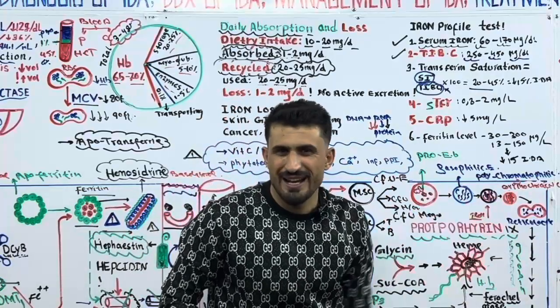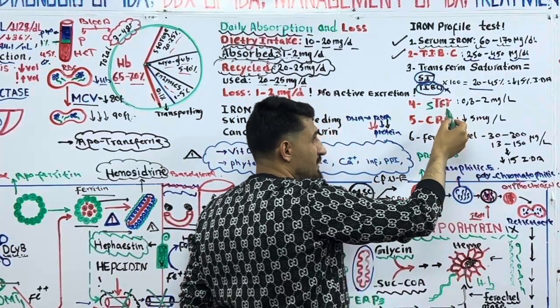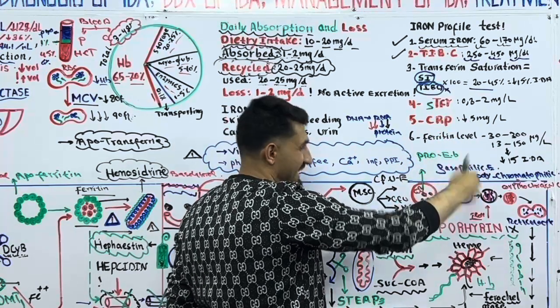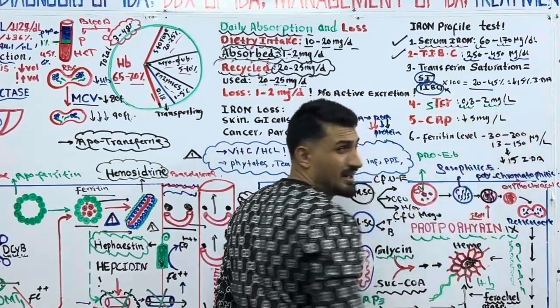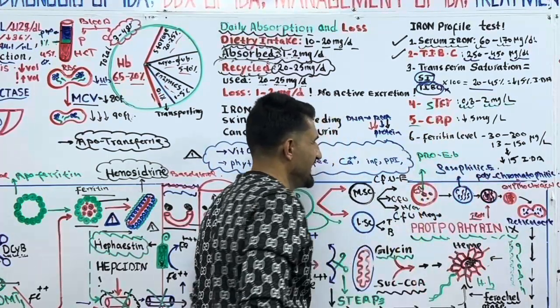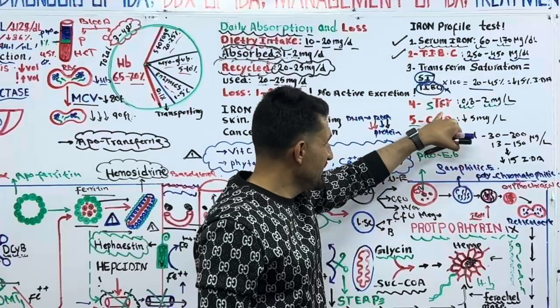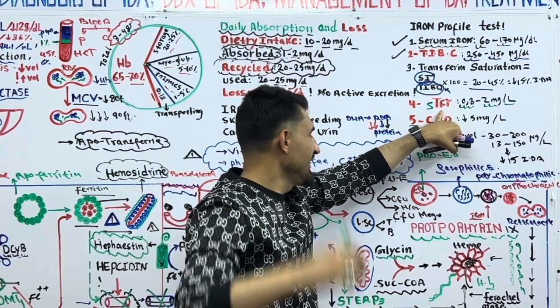The normal amount of soluble transferrin receptor in our circulatory system is around 0.8 to 2 milligrams per liter. So in iron deficiency anemia, these soluble transferrin receptors are increased.